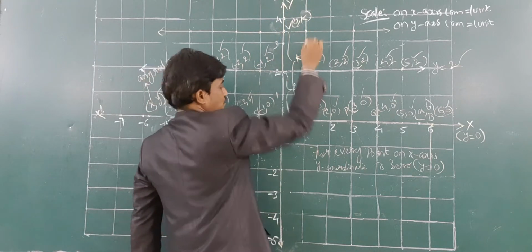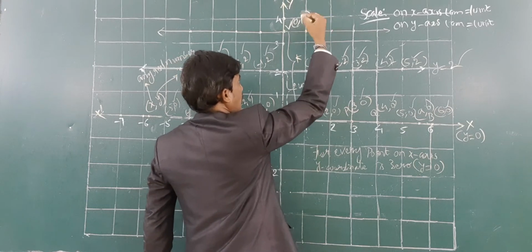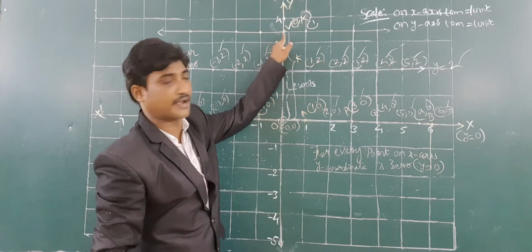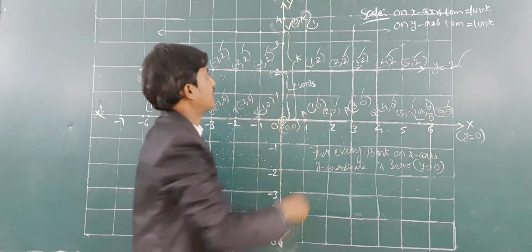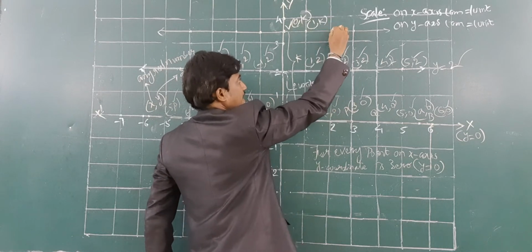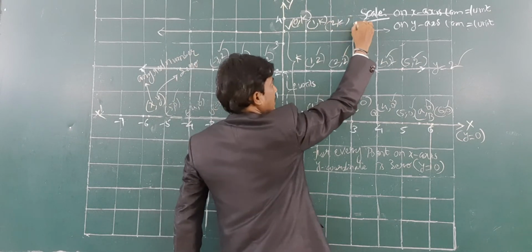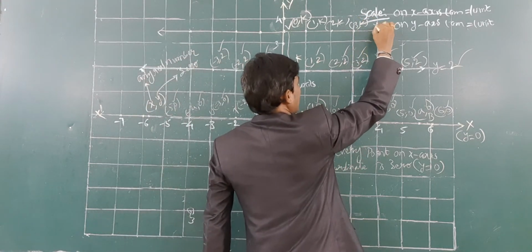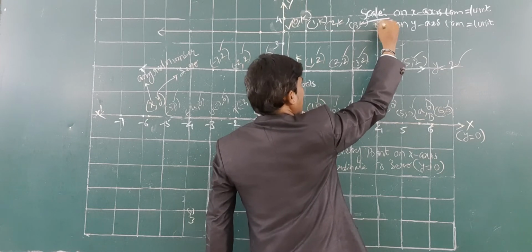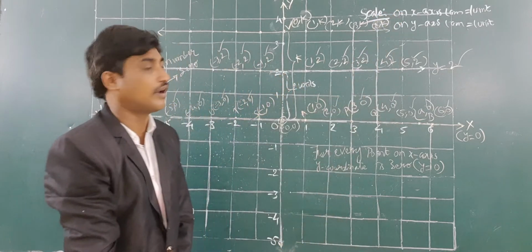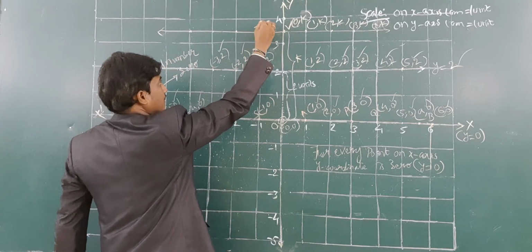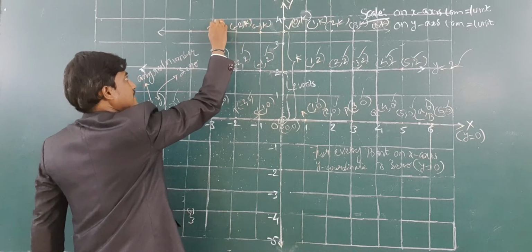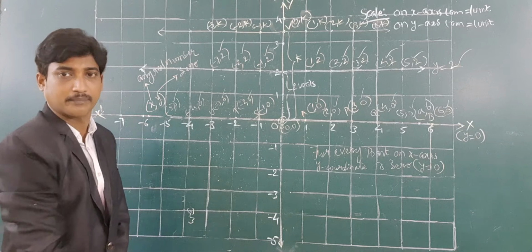Here the point has x-coordinate 1, and the y-coordinate, the perpendicular distance from the x-axis to a point, is k. So (1, k). The next points are (2, k), (3, k), and for some point, sorry, (x, k). On the other hand, here we have (-1, k), (-2, k), (-3, k), and so on.